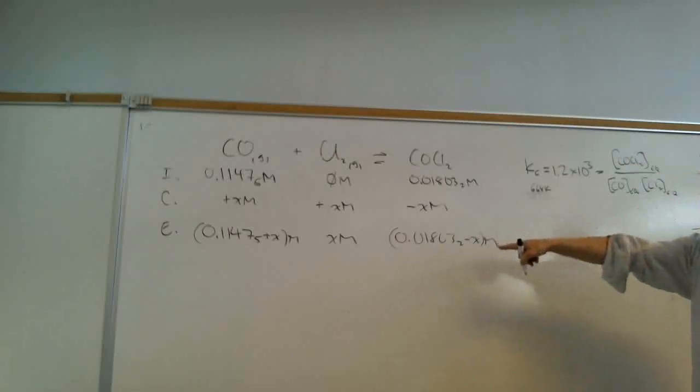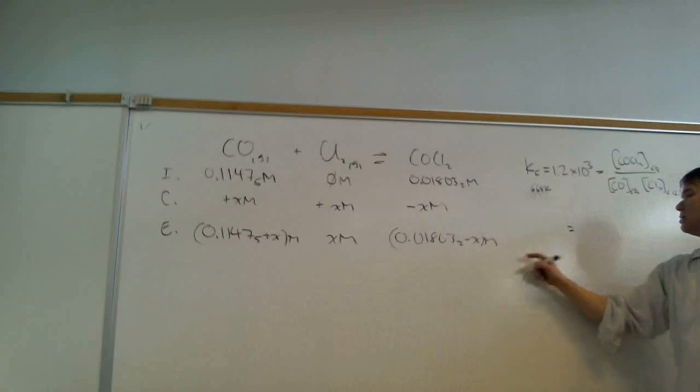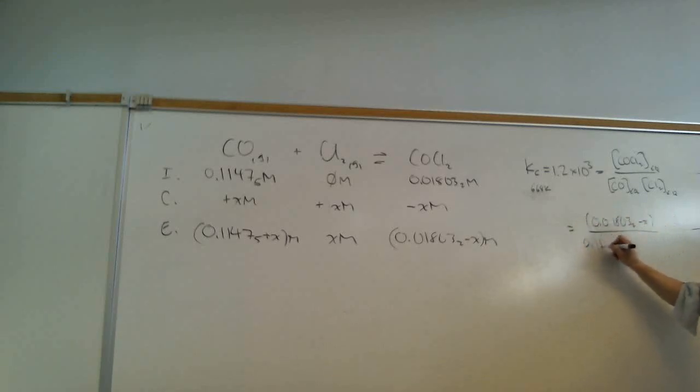The COCl2 concentration at equilibrium is 0.018032 minus x, and then 0.11475 plus x, and x.